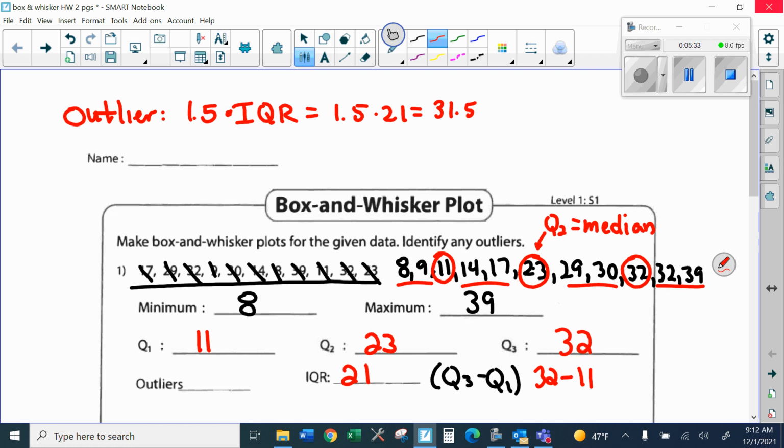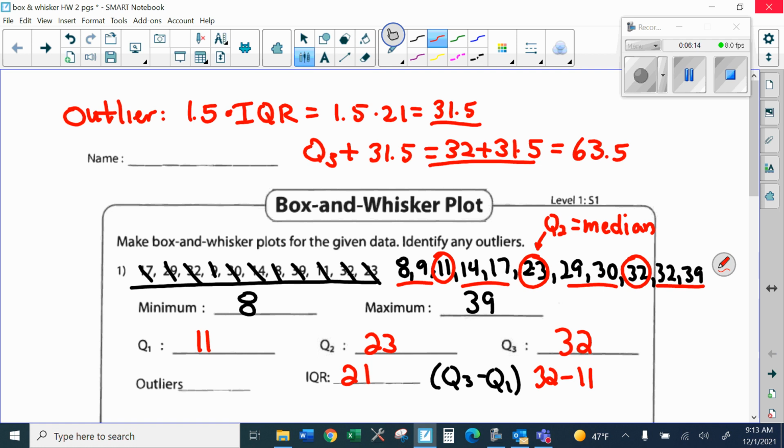Now I take that number and add it to Q3. Q3 is 32 plus 31.5, which equals 63.5. So any number that is 63.5 or higher is an outlier.